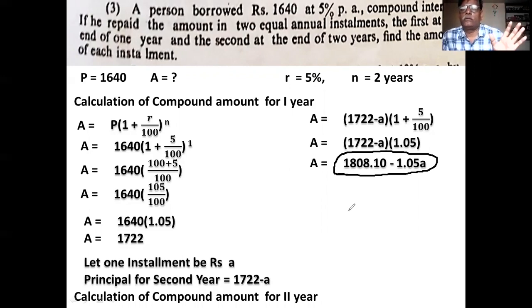So I say that second year amount must equal the second installment. This is my statement. Second year amount, whatever you calculated, 1808.10 minus 1.05A, is the amount at the end of second year. This amount must equal the second installment, and its value is nothing but A, because installments are equal installments.